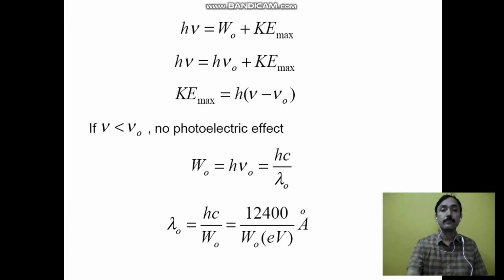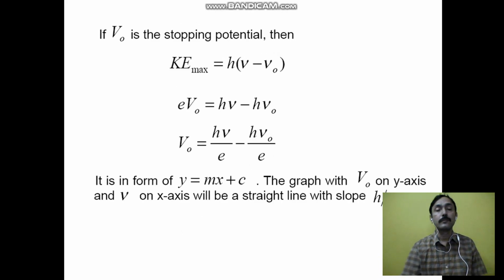If V naught is the stopping potential, then kinetic energy maximum is equal to h times (nu minus nu naught). So you can write, when there is no liberation of electrons, the stopping potential is V naught, its energy is eV naught is equal to h nu minus h nu naught.